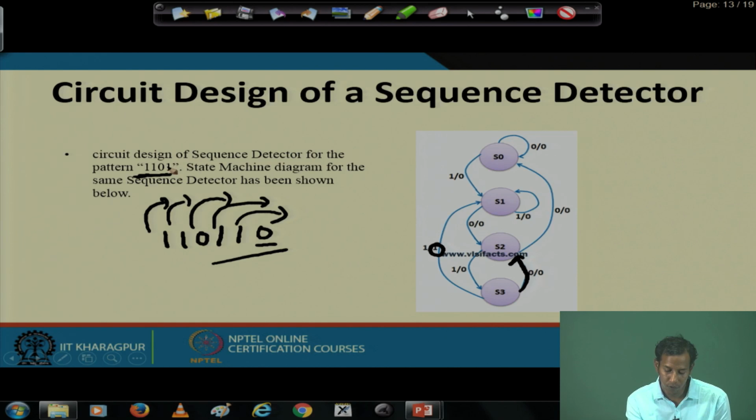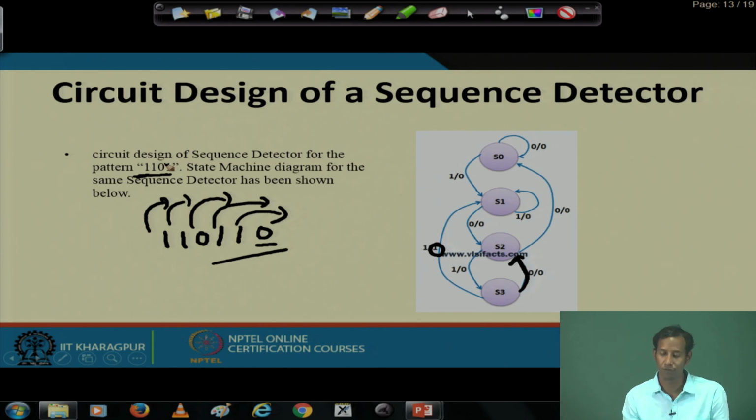If you have to detect a different sequence, the FSM will also be different. Once I can develop the FSM based on the pattern we need to detect, we have to work out the corresponding circuit which will implement this FSM.